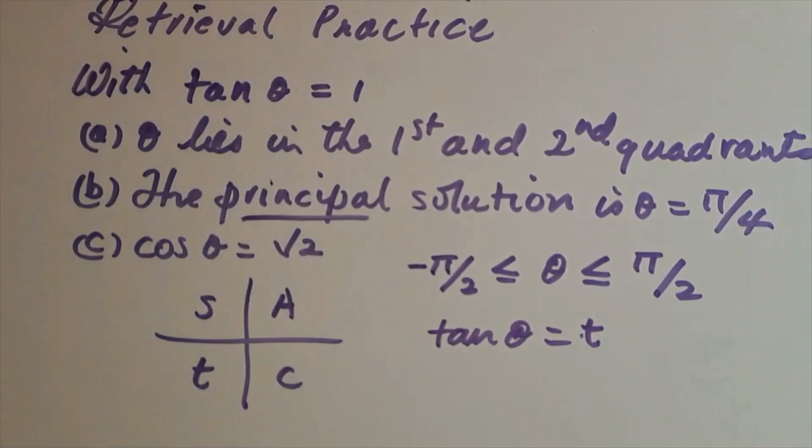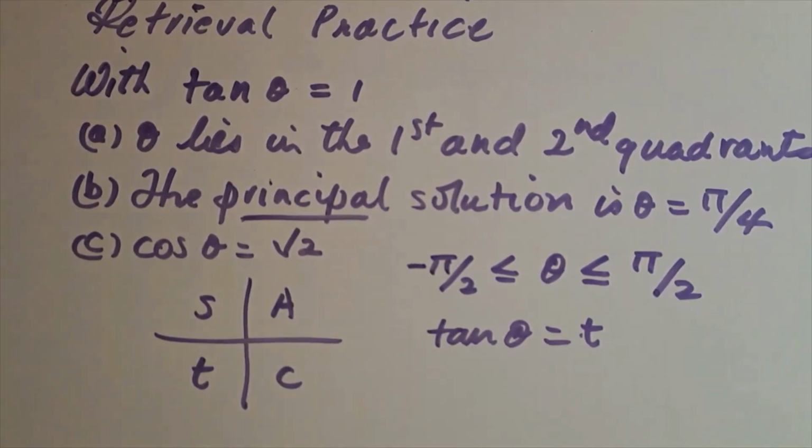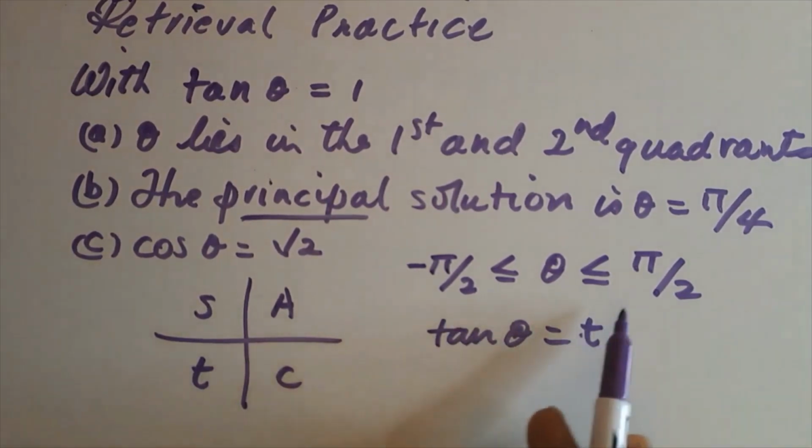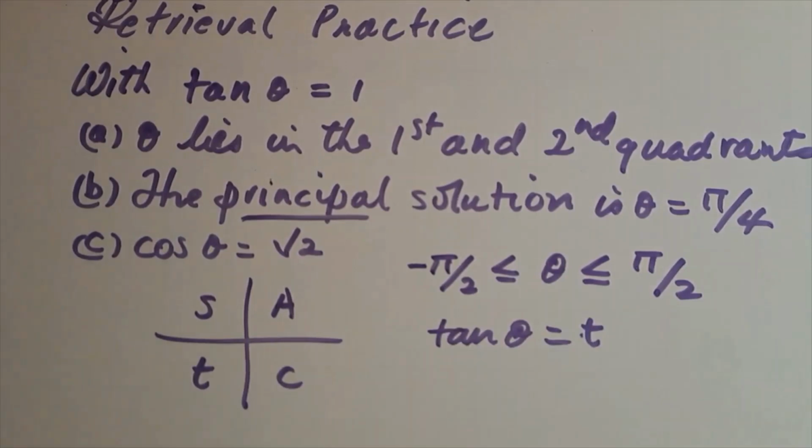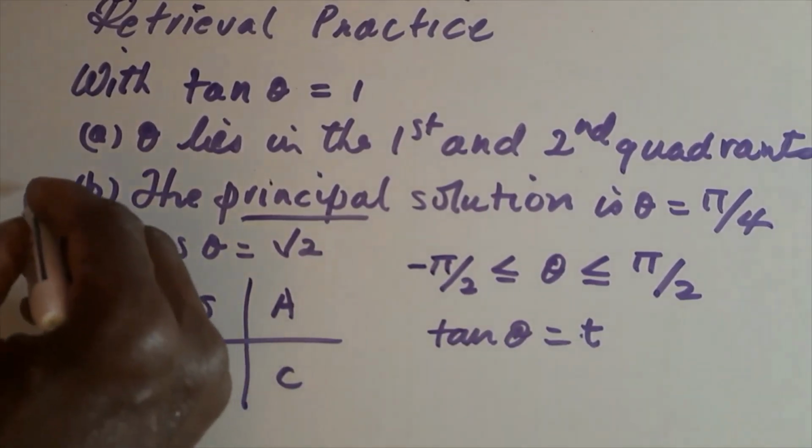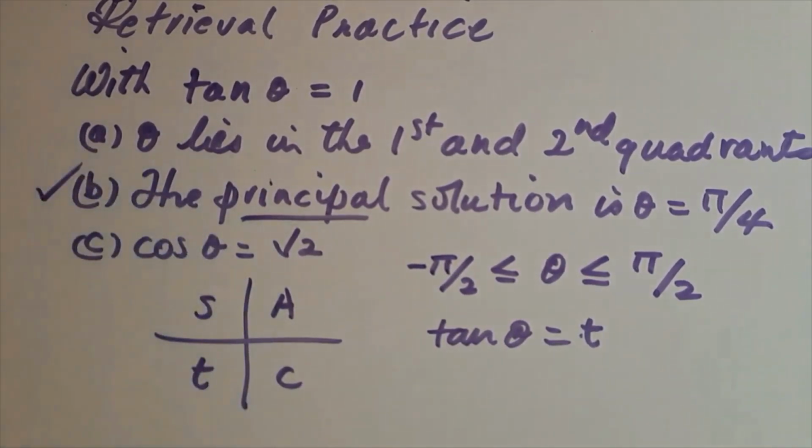In this case, t is equal to 1, and it must occur in this interval. So pi over 4, as the value of theta, occurs within this interval, and so it is not just a solution but the principal solution. So the definition is very important here.